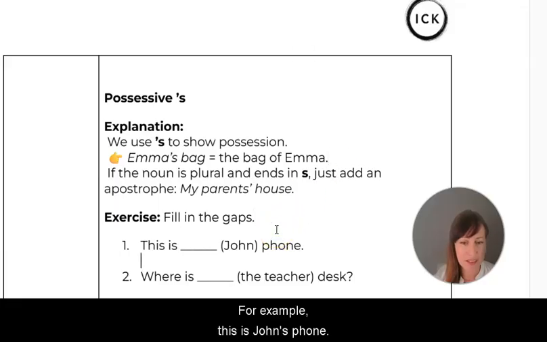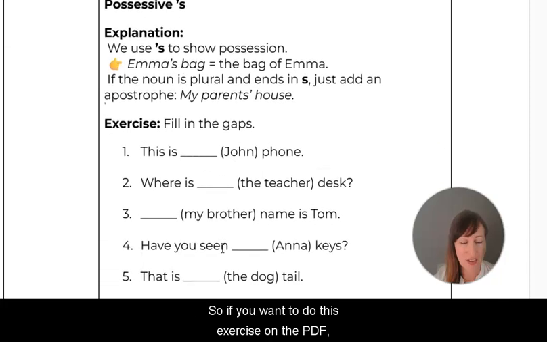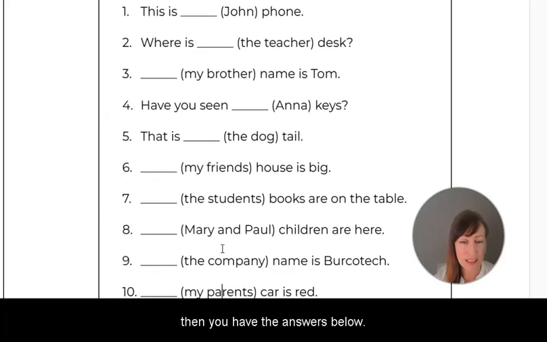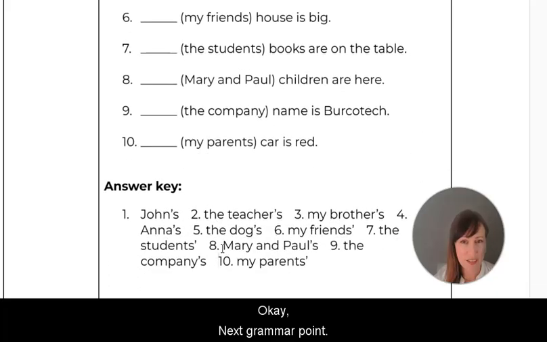For example, this is John's phone. Where is the teacher's desk? So if you want to do this exercise on the PDF, then you have the answers below.